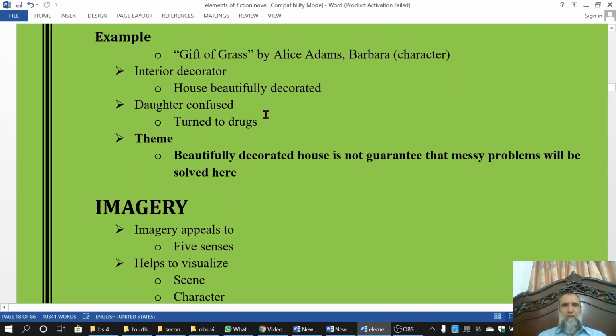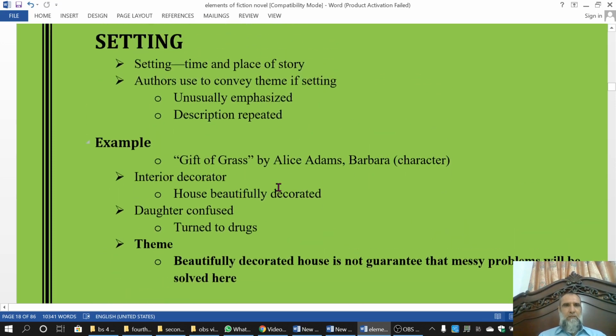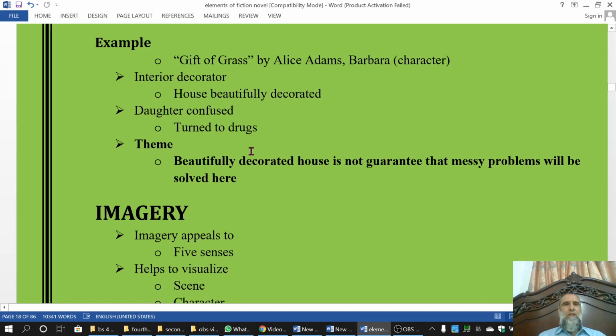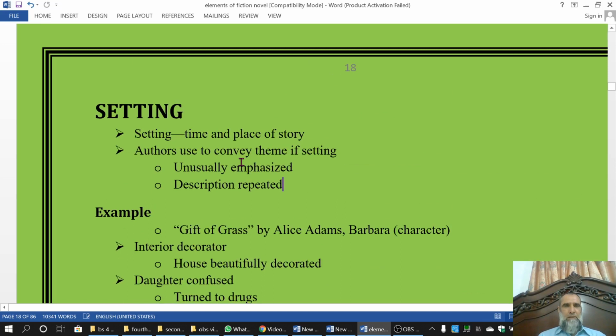Now the theme which we get with the help of this setting, we will talk about setting in detail later on as a separate topic. With the help of this setting, the theme which emerges is that a beautifully decorated house is not a guarantee that messy problems will be solved here. So let me explain this in Urdu now.